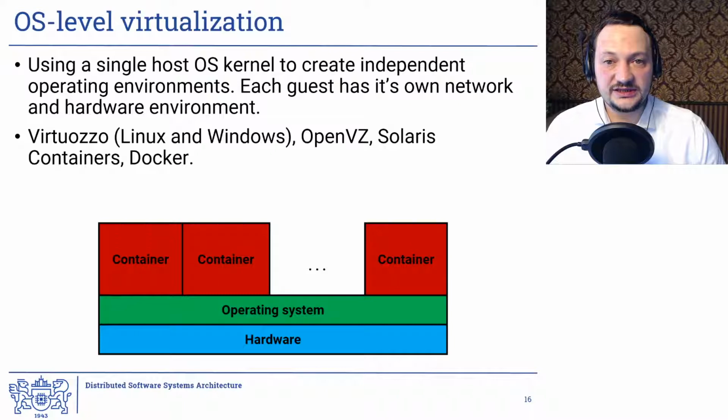Each of the guest containers has its own network and hardware environment. In the context of the current way to use virtual machines and servers, it is the most promising way, and a lot of systems right now are using OS level virtualization.